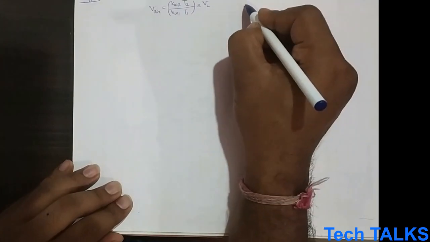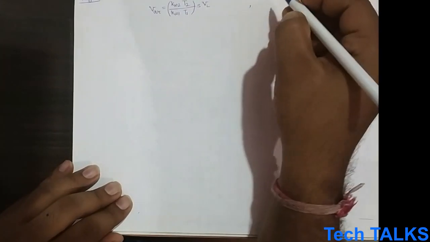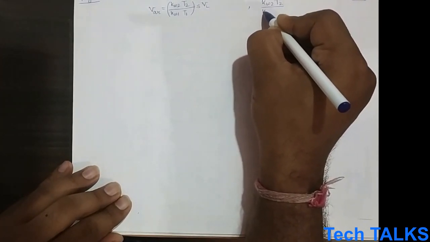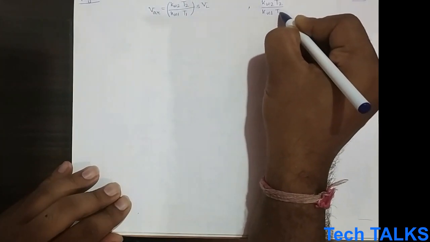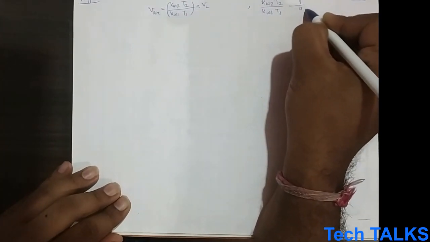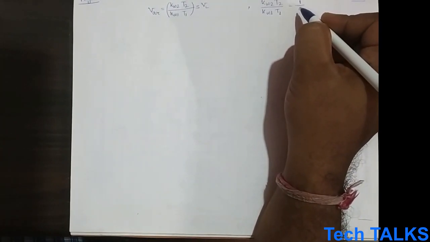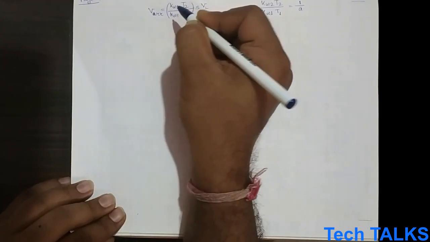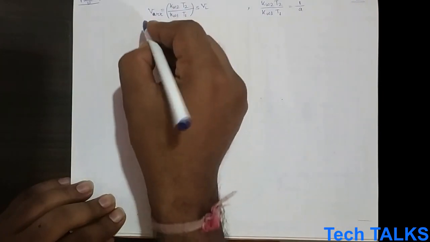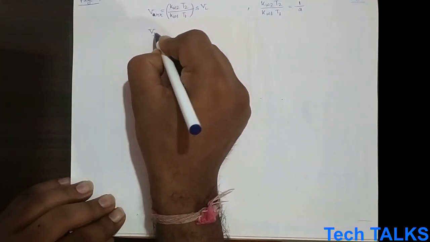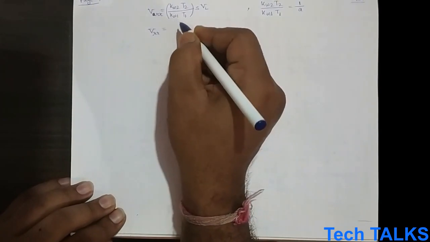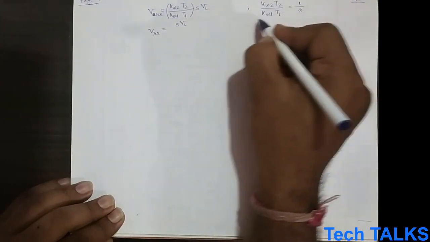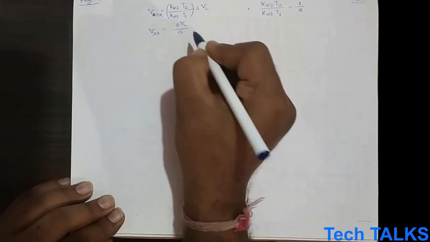Now this ratio we will call A. It is kW2 T2 by kW1 T1, and we will call it 1 by A. So VRR reduces to S VL by A, where S is slip.